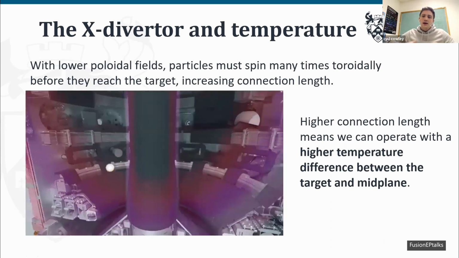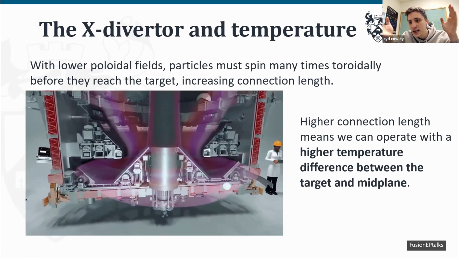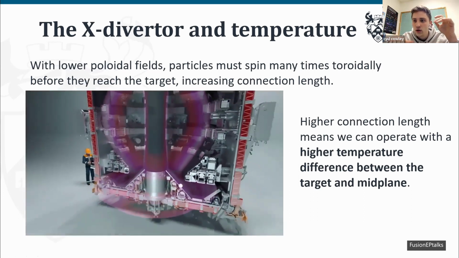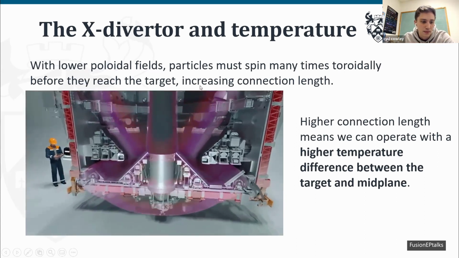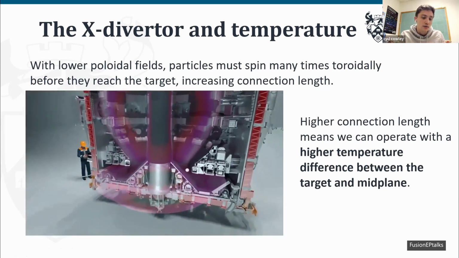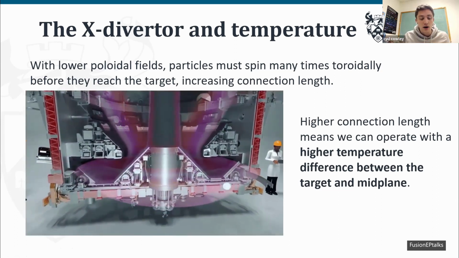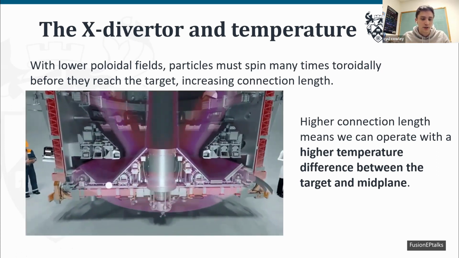What is the benefit of a longer connection length? Well, it essentially acts like insulation between the core and the target. It means that we can have a higher temperature difference between upstream near the hot dense core and downstream near the target. So either for the same target parameters, we can have a higher upstream temperature, or for the same upstream temperature, we can get lower target temperatures.